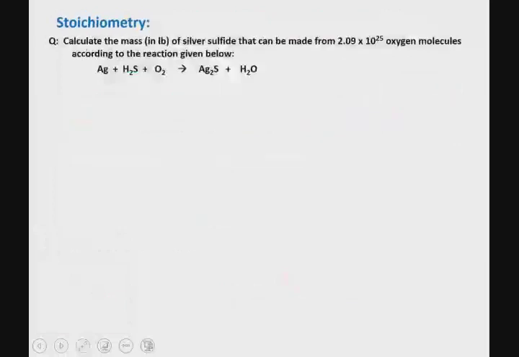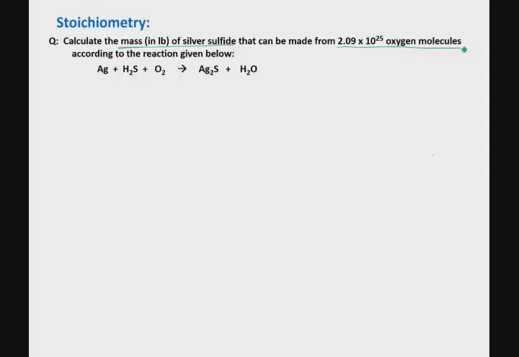Okay, so once again, here's another example where, if you read the question carefully, we need to calculate the mass in pounds of silver sulfide, which is Ag2S, that can be produced from these many oxygen molecules according to the reaction equation.